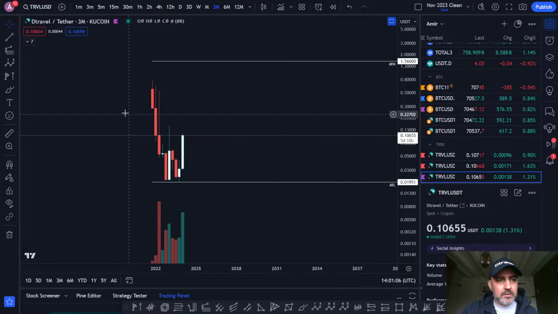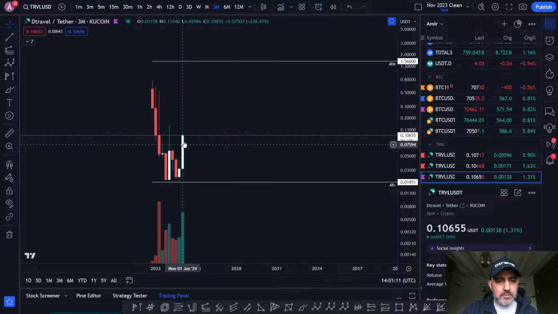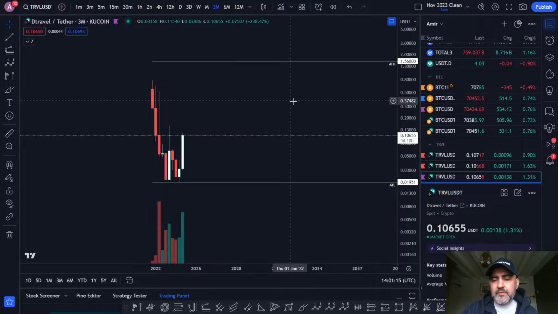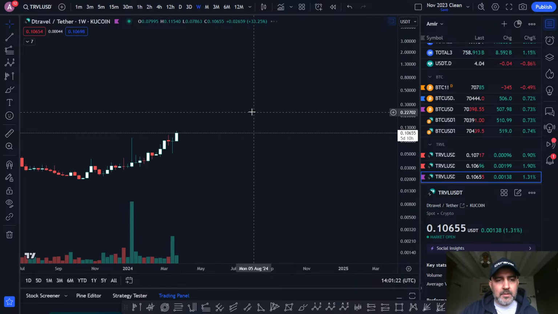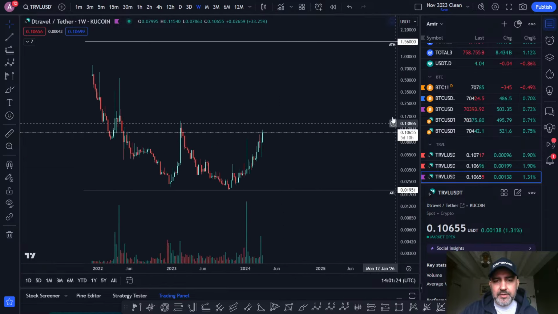Just do something. This is the wave 1, wave 2, wave 3, wave 4, wave 5. So just want to do one more thing on this.